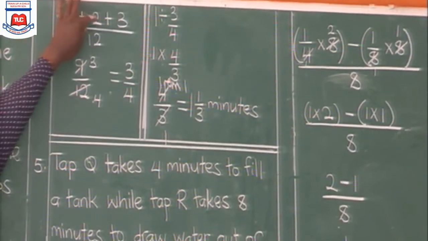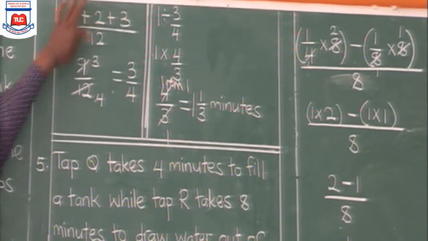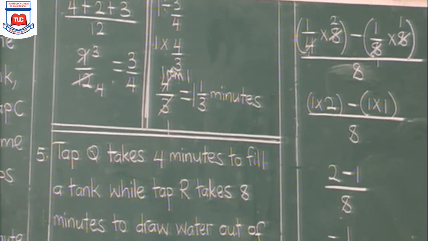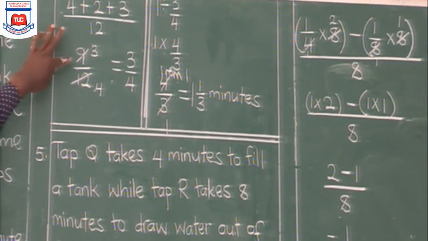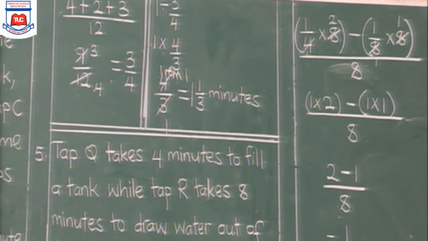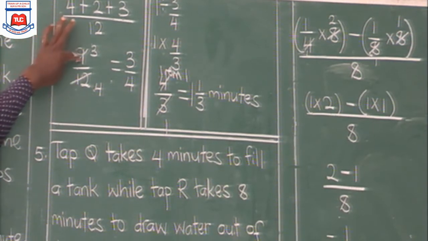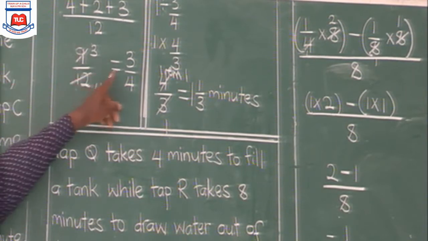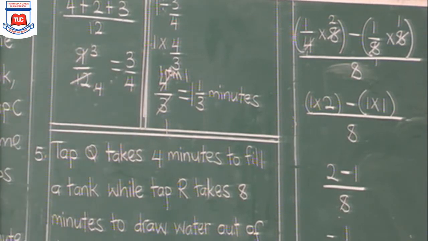So 4 plus 2 plus 3 is 9. 9 is out of 12. As you will find out, 9 and 12 are both multiples of 3. Reduce 9 and 12 by 3. 9 divided by 3 gets 3. 12 divided by 3 you get 4. Thereby getting 3/4 as being filled in a single minute by all the 3 taps.